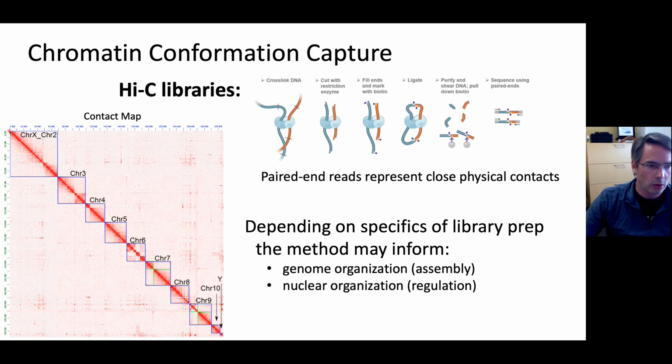On the diagonal here are fragments that show up a very large number of times. The darkness of the red is an indicator of the frequency that things occur.